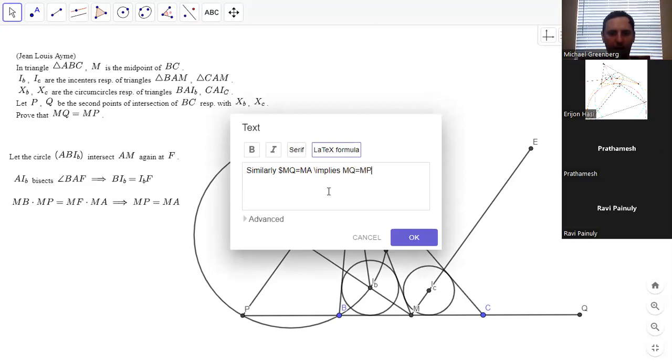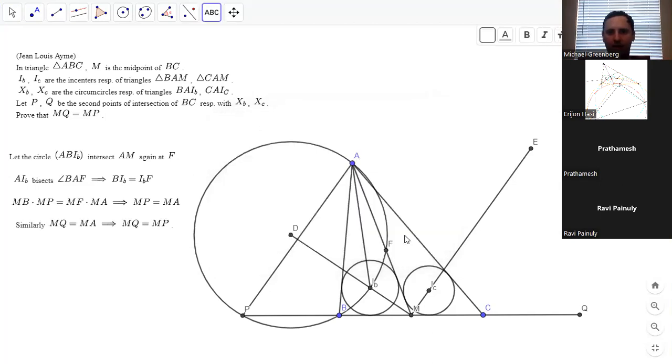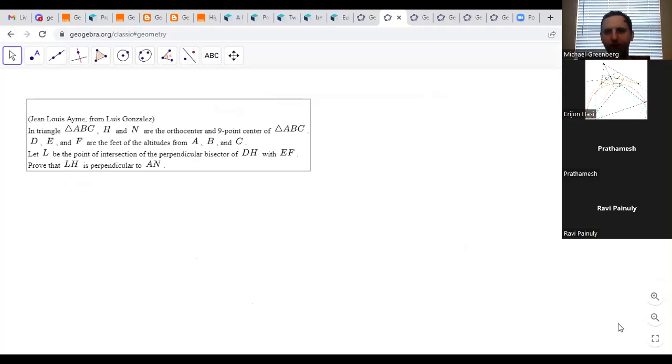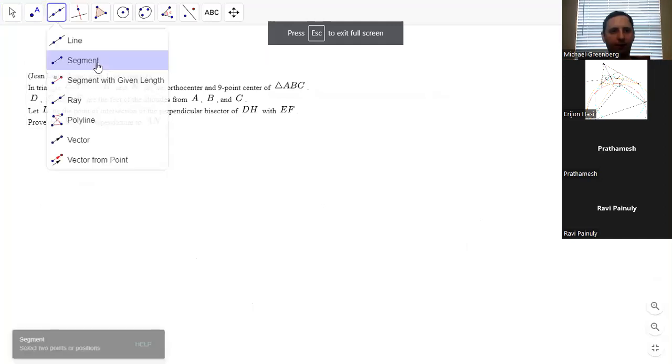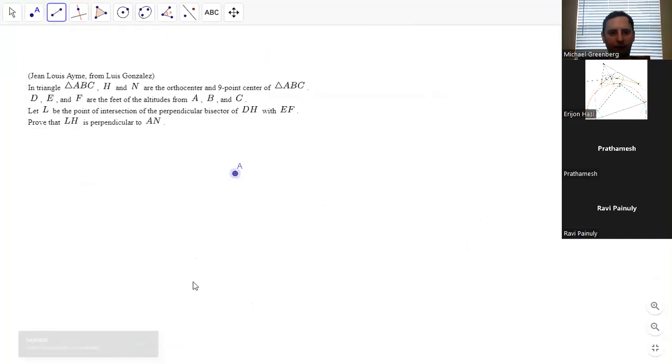All right, so I will move on to the next one. I think they're going to get harder. This one looks tricky. So we have a triangle ABC, and we draw the orthocenter and the 9-point center.